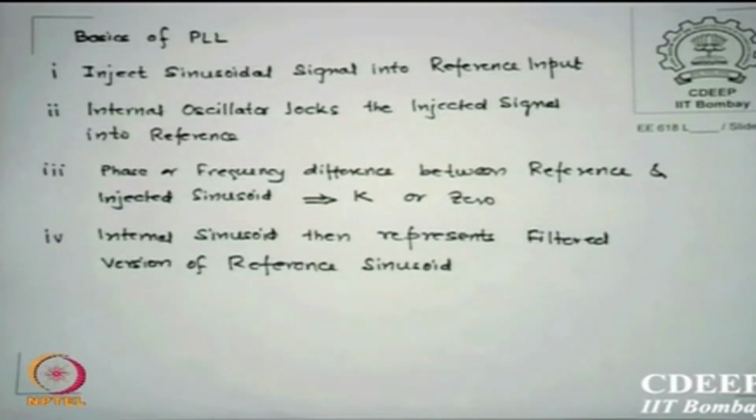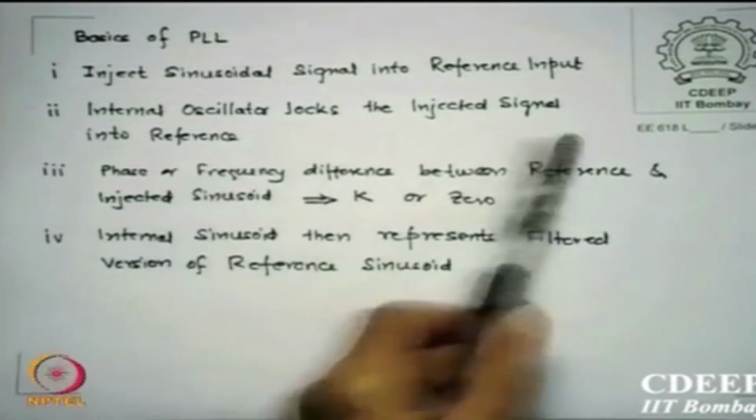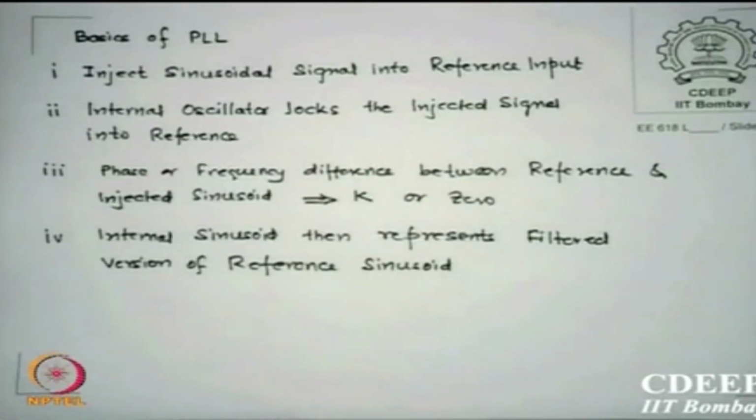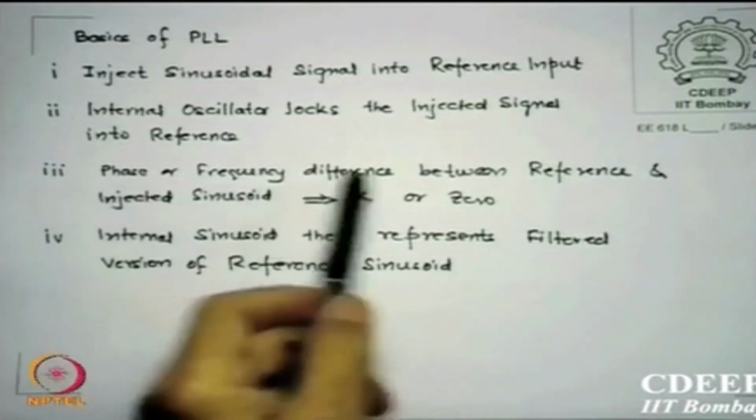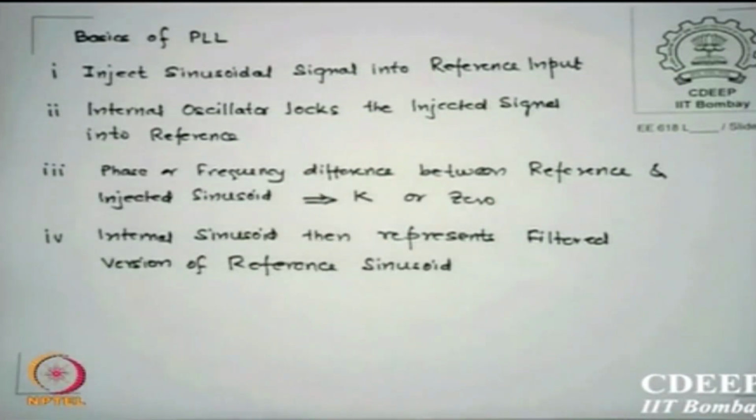The internal oscillator, meaning VCO, locks to the injected signal into the reference, that is what you want, whatever this is, it should lock to that. Phase or frequency difference between reference and injected signal is proportional to the K of the VCO, or if it is locked it goes to 0. And the internal sinusoid then represents the filtered version of the reference sinusoid, and that is what you are looking for, and that you use as the output of a VCO.